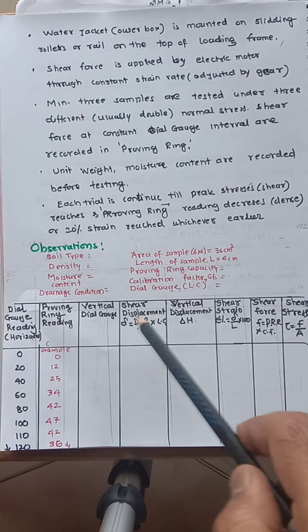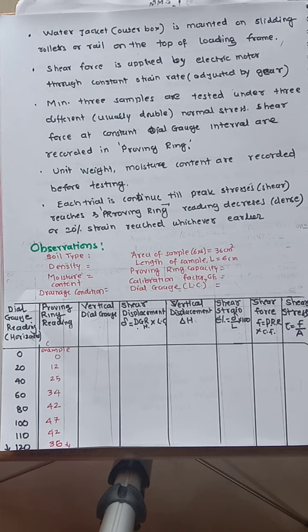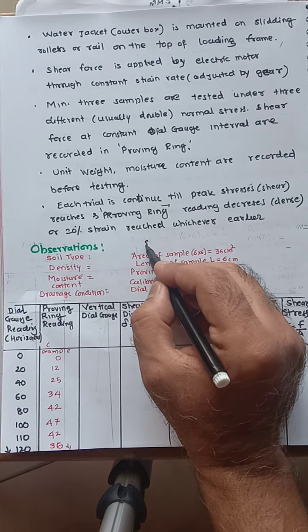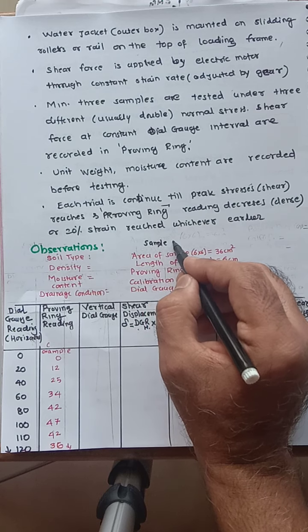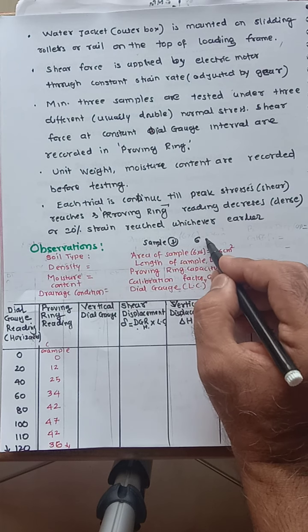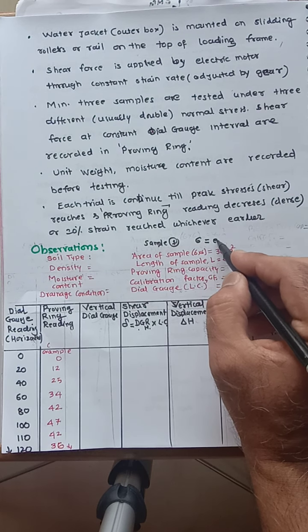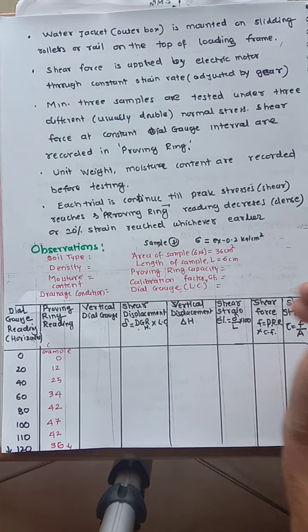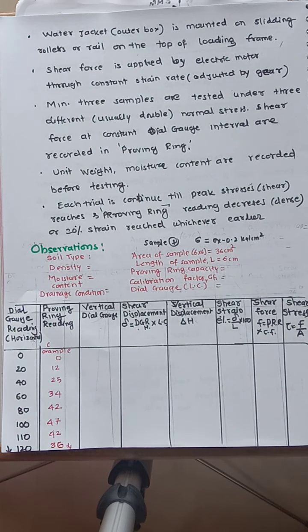As it is strain controlled, this table is for the first sample, with a given normal stress, for example 0.2 kg per cm square. The normal stress is constant for the first trial.